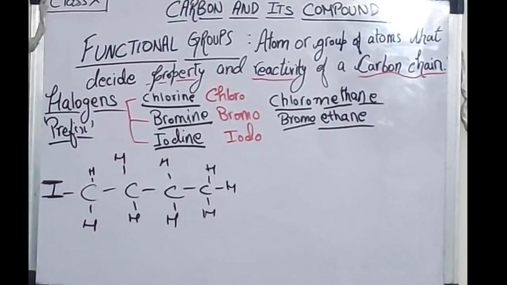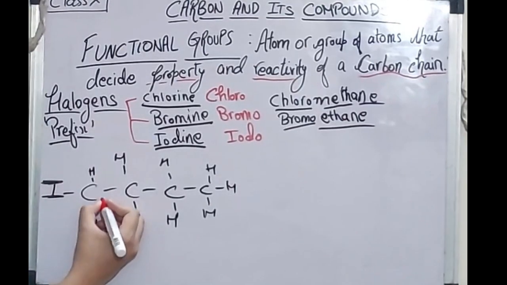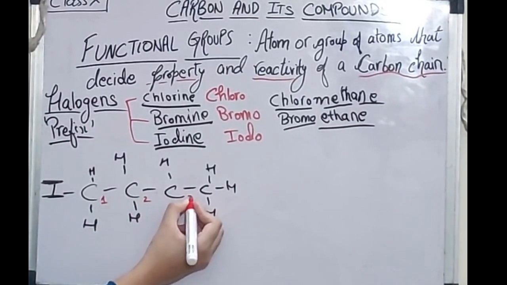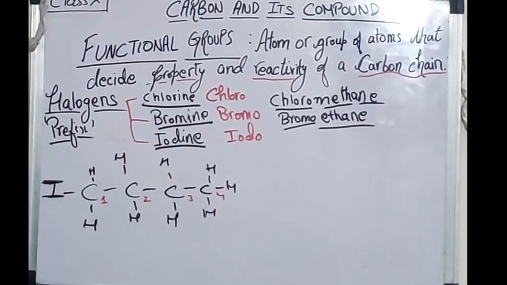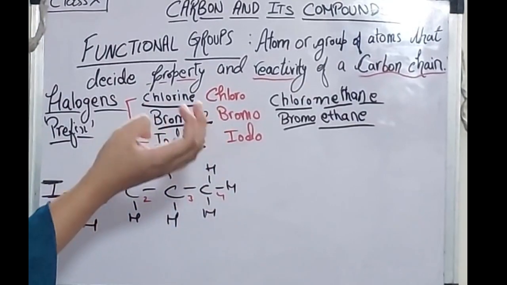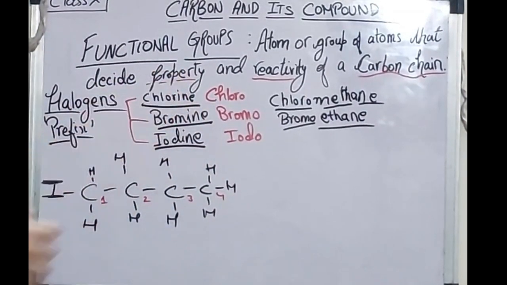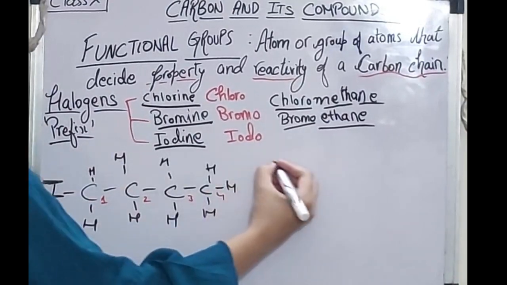Okay, now the naming. How will you do? Just count the number of carbon. Number of carbon are 1, 2, 3, 4. So 4 carbons means what? Meth, eth, prop, but. Okay, let me just write but.